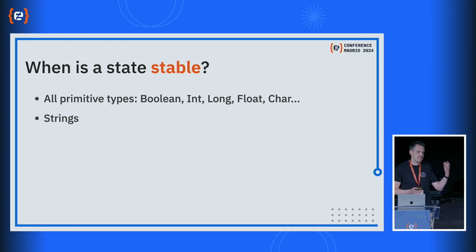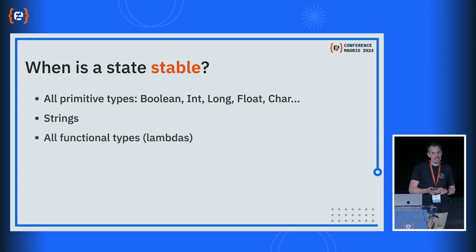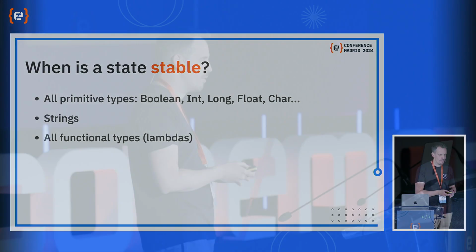So let's say a composable is receiving a string. If the value of the string doesn't change, the composable doesn't need to be recomposed, even if the parent had to recompose because the parent state did change. All functional types, basically lambdas, are also stable.